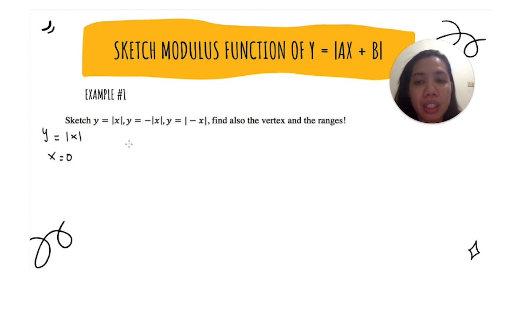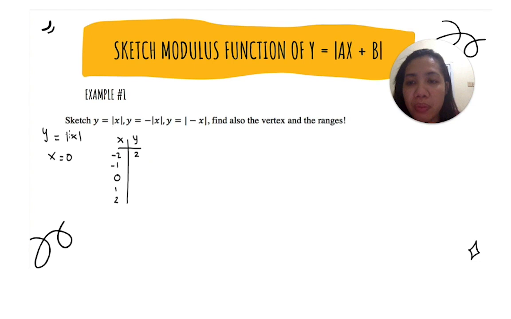Okay, and then after that we have to make an x and y table like this, and put this x coordinate of the vertex here, and after that take 2 x values from the left and 2 x values from the right. So from the left it will be -1 and -2, and from the right it will be 1 and 2. And after that we have to find the value of y from this function. For example, the absolute value of -2 is 2.